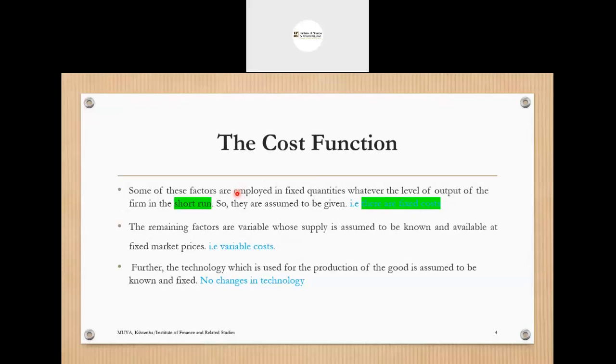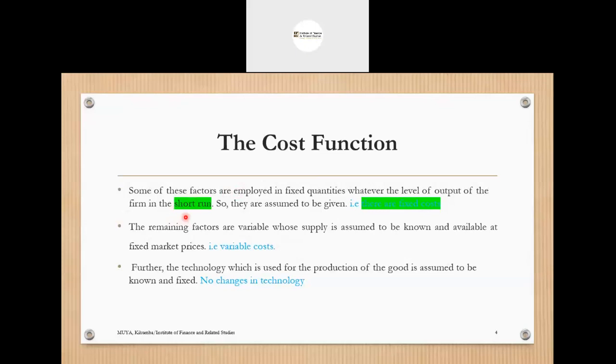If we have 100 students, then we'll fit a certain fixed class. In this duration, some factors are fixed. It relates to the short-run situation.